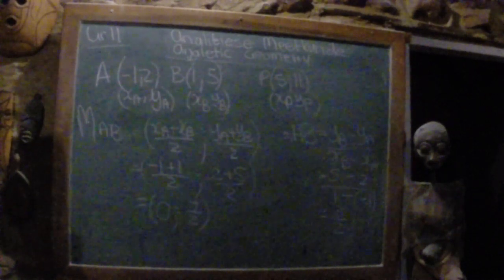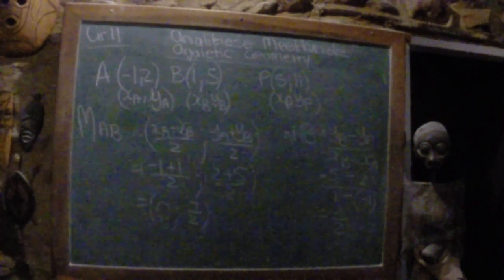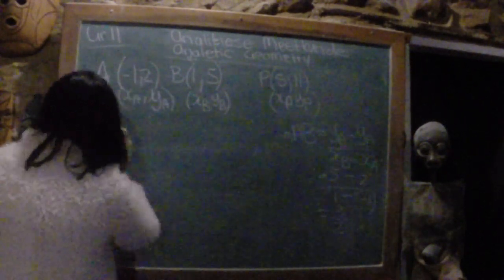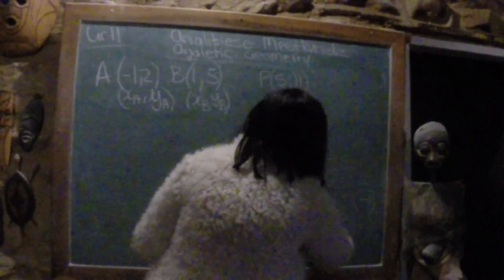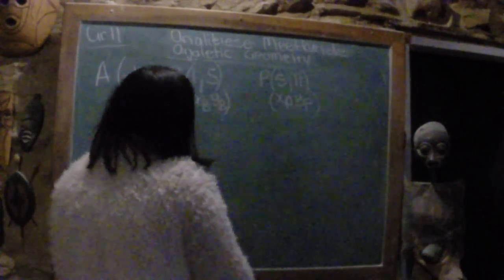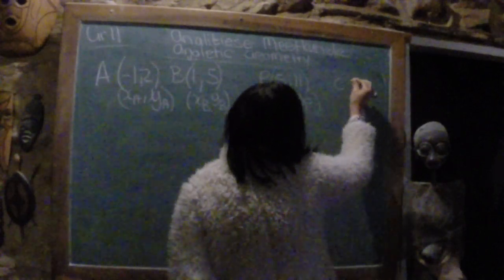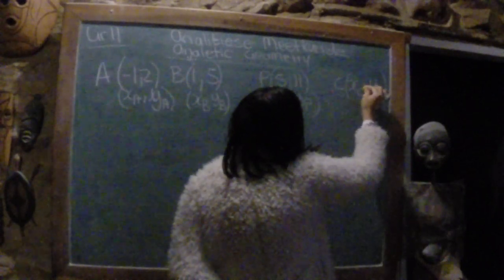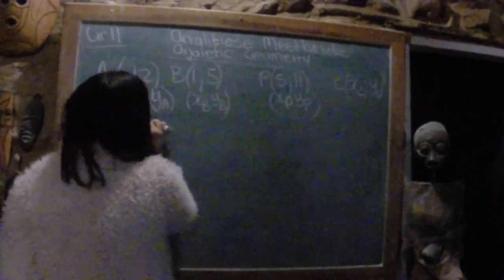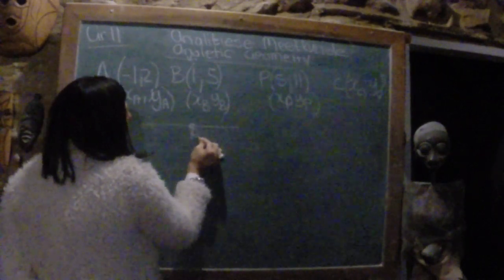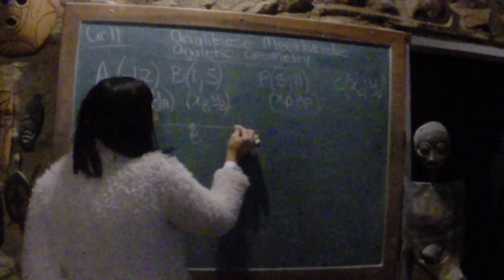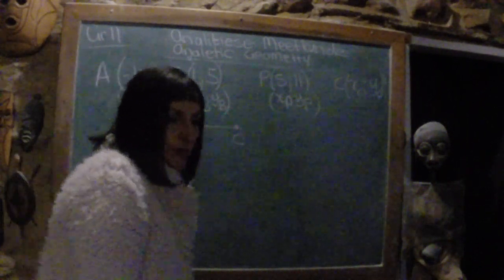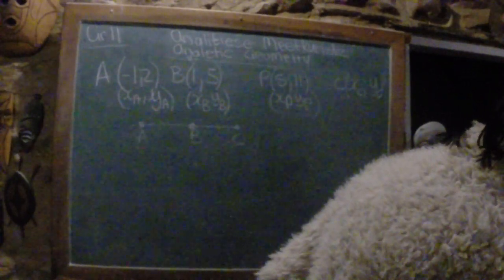Volgende vraag is, as B die middelpunt is van lynstuk AC. So they bring in a new coordinate C, that's unknown. So I've got XC, YC. So if you draw a picture of the scenario, B is the midpoint, and then I've got an A and a C. B is between A and C, the midpoint.